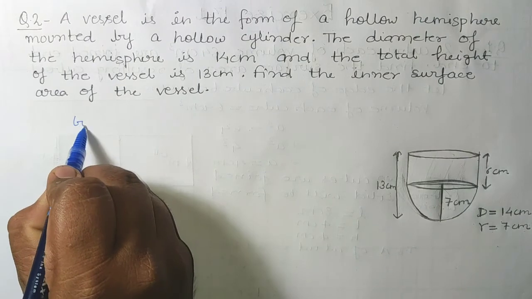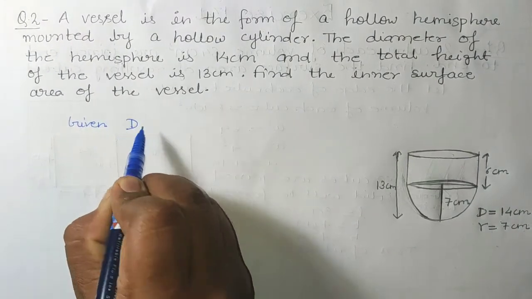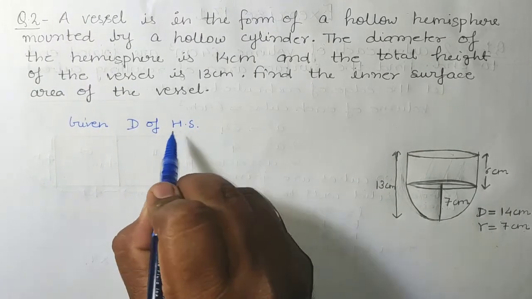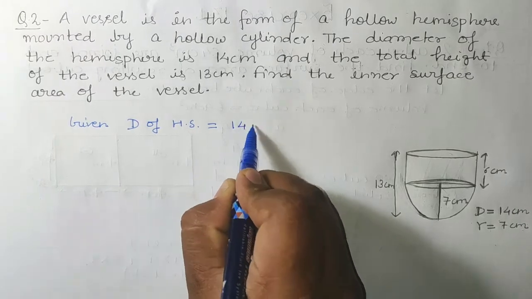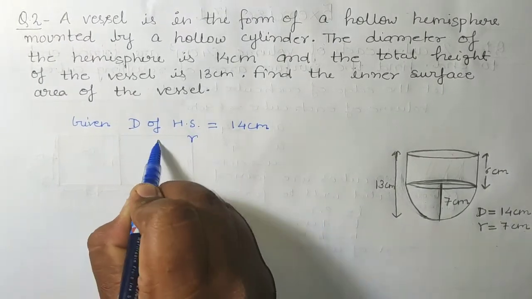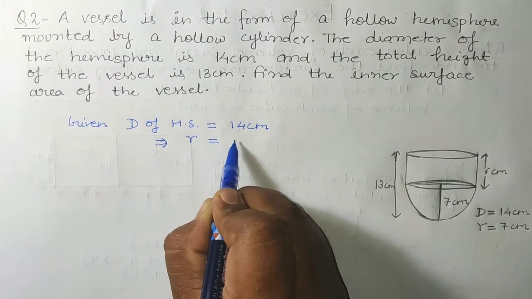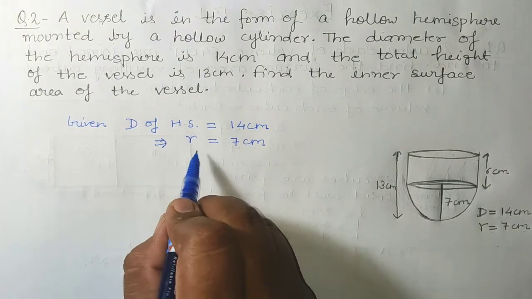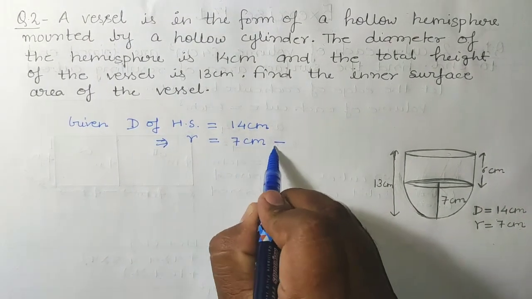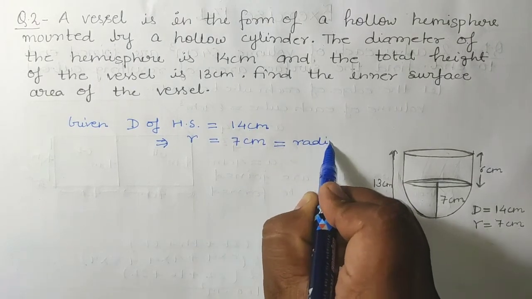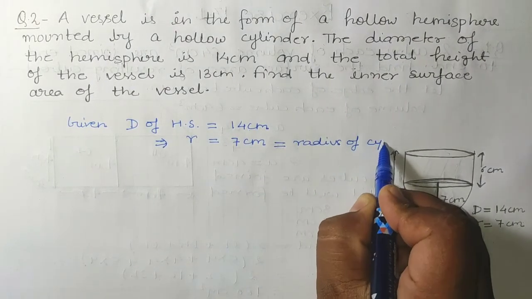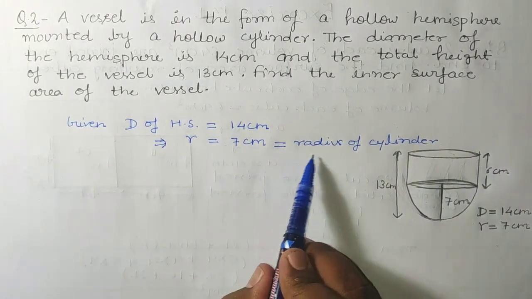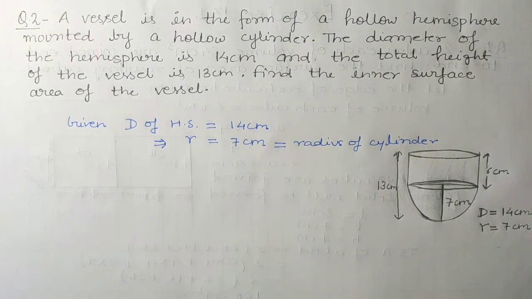In the given part we'll write: given that the diameter of the hemisphere is 14 centimeter, so its radius will be half of 14, that is 7 centimeter. Radius of hemisphere is equal to radius of cylinder, and that is 7 centimeter.